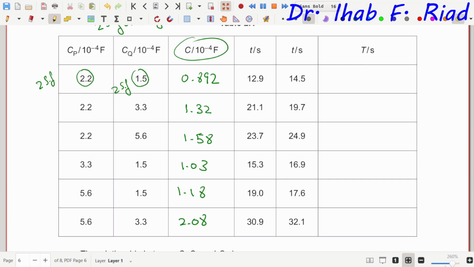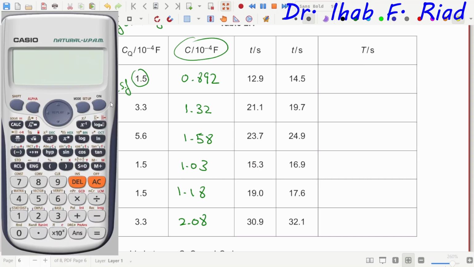So let us do the average values. It is 12.9 plus 14.5 divided by 2, 13.7. Okay, I'm going to do the average first.